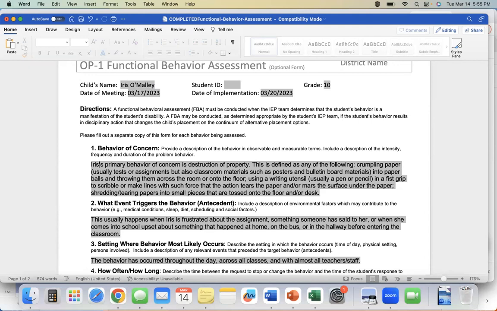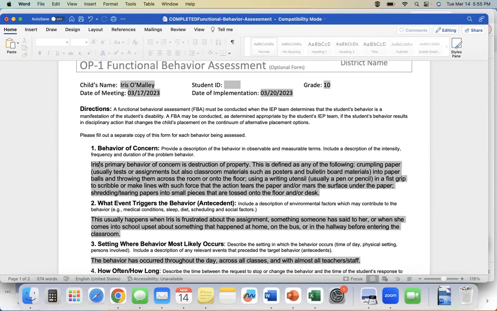And shredding or tearing papers into small pieces that are tossed onto the floor and or desk. So all of these different topographies, the topography is what the behavior looks like, are all encompassed under the umbrella of destruction of property.